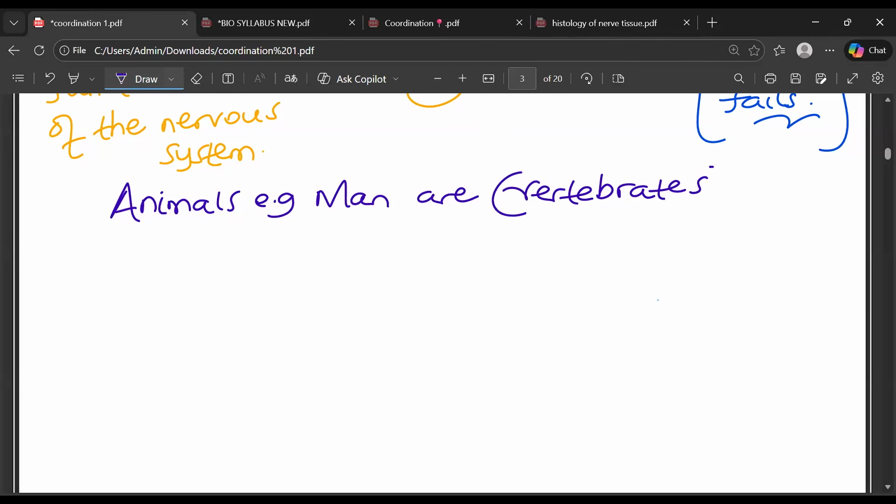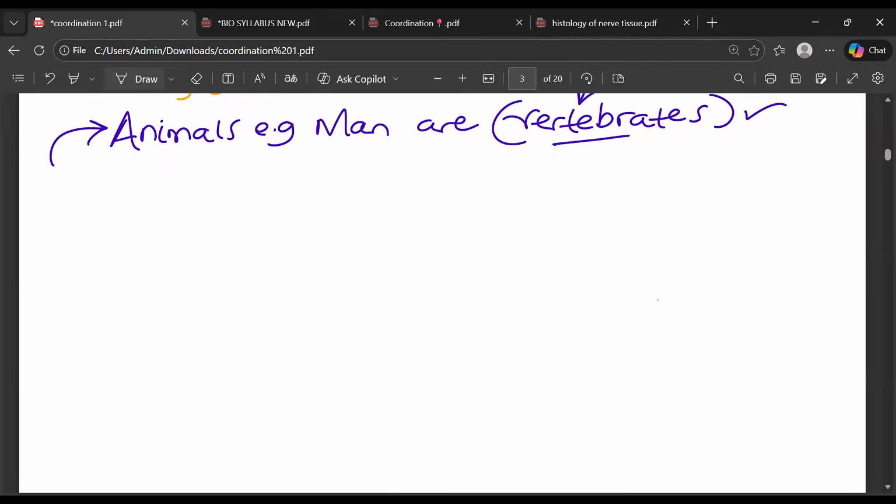They are vertebrates. You remember those things in primary science, vertebrates and invertebrates. The things I used to enjoy most back then in primary.